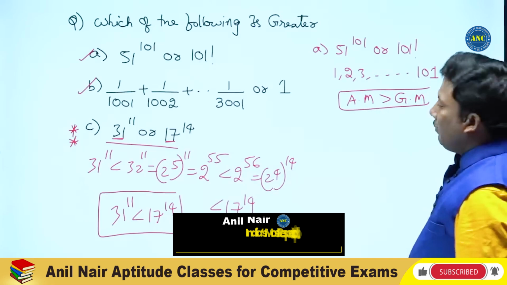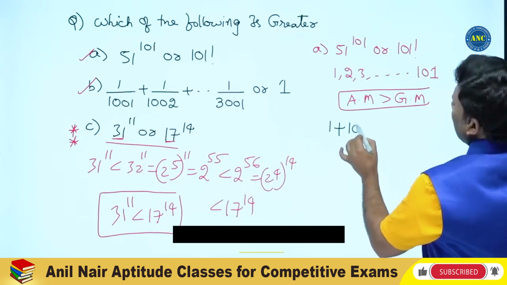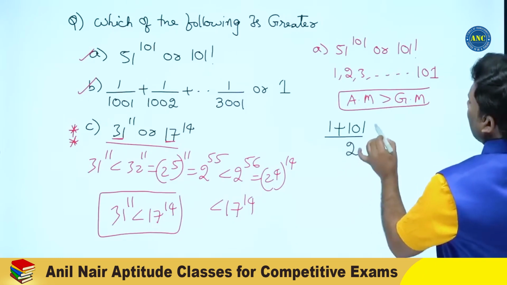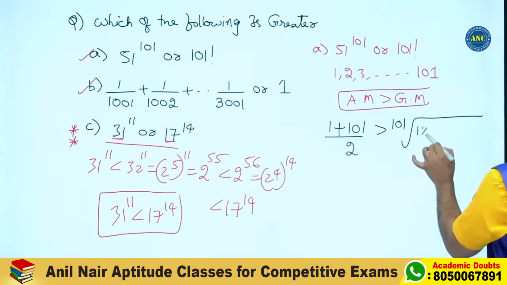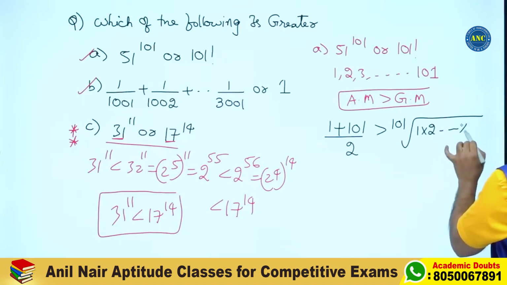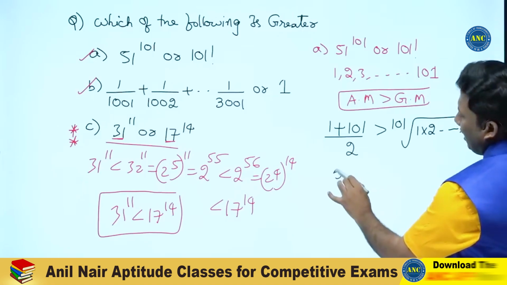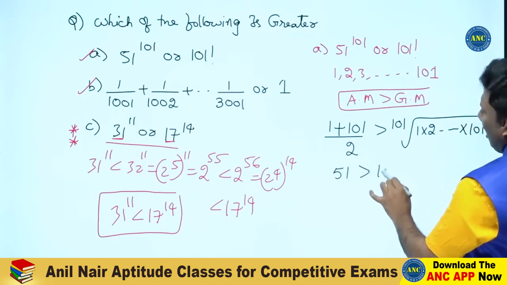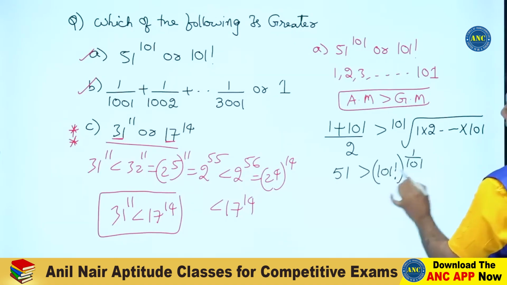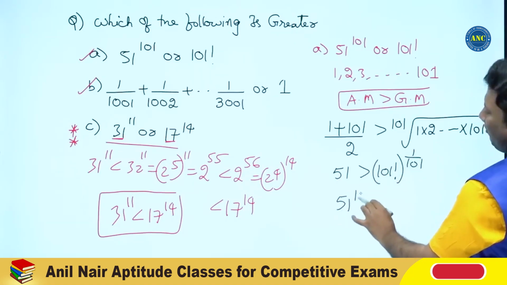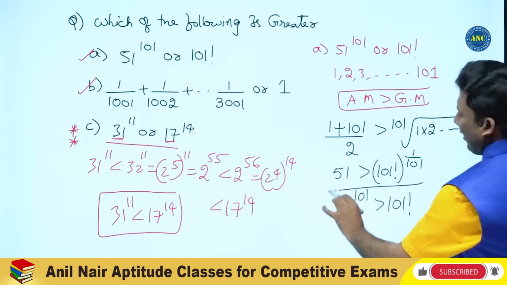Arithmetic mean is given by first term plus last term by 2, that is 1 plus 101 by 2, which is greater than the geometric mean, the nth root of the product of all the quantities, 1 into 2 till 101. 102 by 2 is 51, greater than 101 factorial power 1 by 101. If it comes to the left hand side, 51 power 101 is greater than 101 factorial.